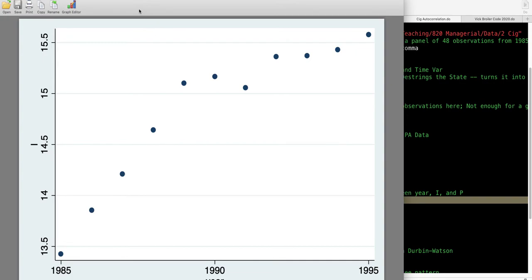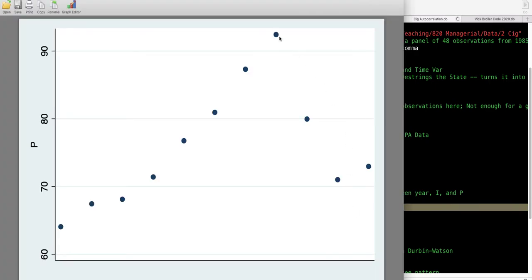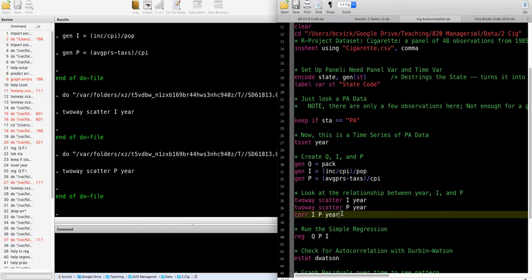That's another BLUE condition problem. If time is an omitted variable, but it's coming into our regression and having effects, that's problematic. Looking at price, you get the same thing. Prices have a really interesting relationship to year.